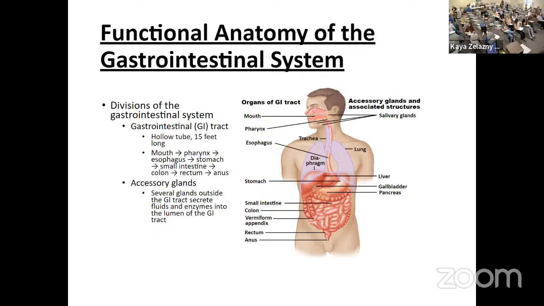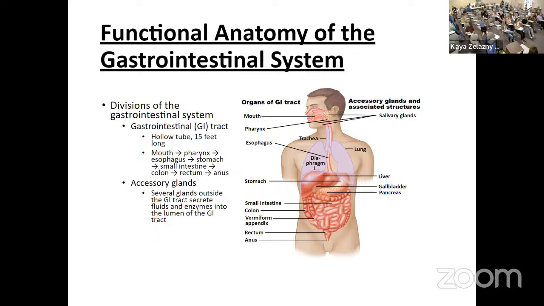So about 15 feet long, it begins with your mouth. So you're going through your mouth, through the pharynx, down through the esophagus, into the stomach. Food churns around. Then we go through your small intestine, your colon, and finally out through the rectum and the anus. Okay. So these parts I think you've seen in lab.